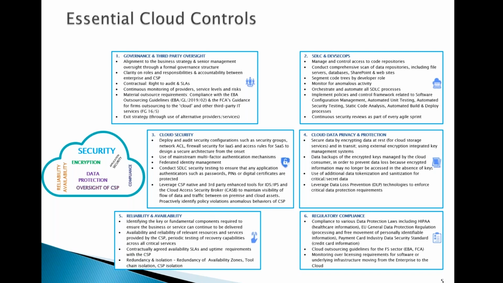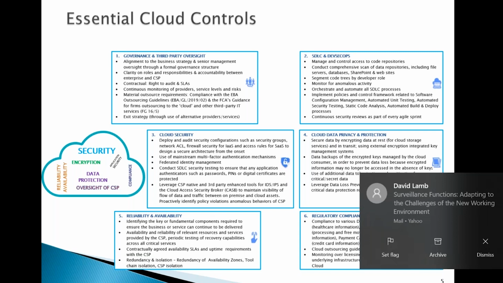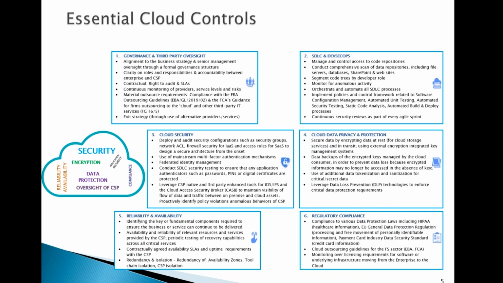In terms of third-party outsourcing risks, there are quite a few angles on this one, especially because, like I said before, some organizations could have multiple third parties supporting the cloud transformation program. And it is important to have a clear demarcation of responsibilities between the cloud service provider and the cloud service consumer.